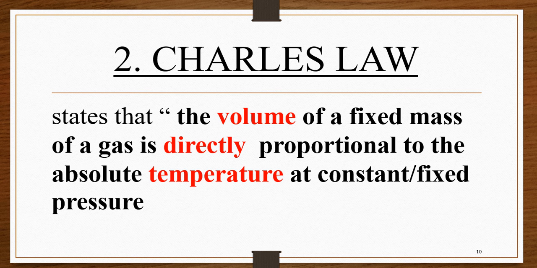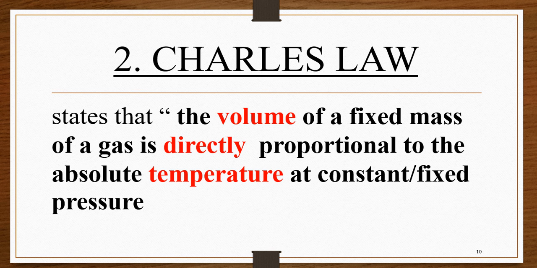When it comes to Charles' law, we are comparing the volume of a fixed mass of a gas and temperature. When it came to Boyle's law, we were comparing volume and pressure. Charles' law, we are now comparing volume and temperature.